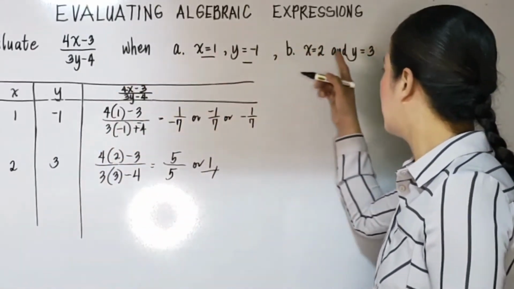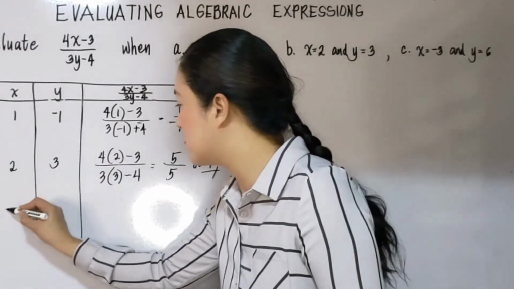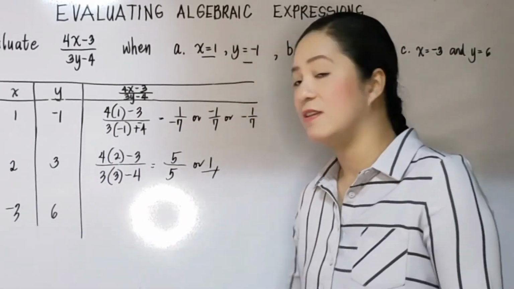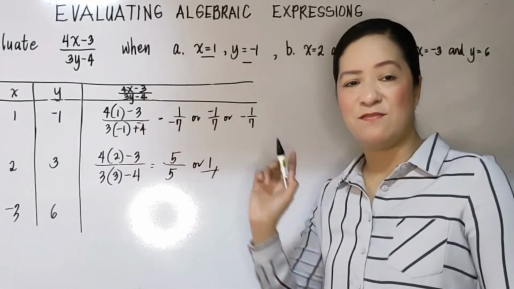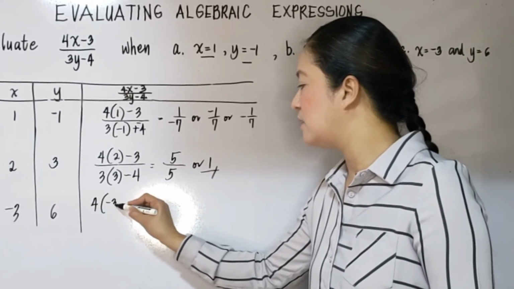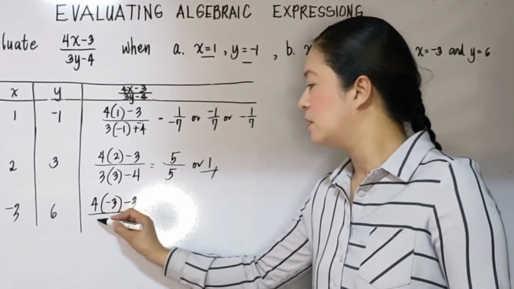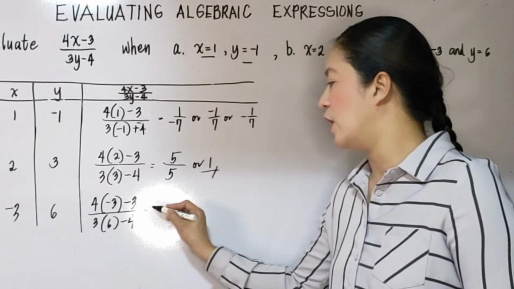Okay, how about the third? When x is negative 3 and y is positive 6. So, substituting again dun sa ating given expression. So, 4 times negative 3 minus 3 over 3 times 6 minus 4.